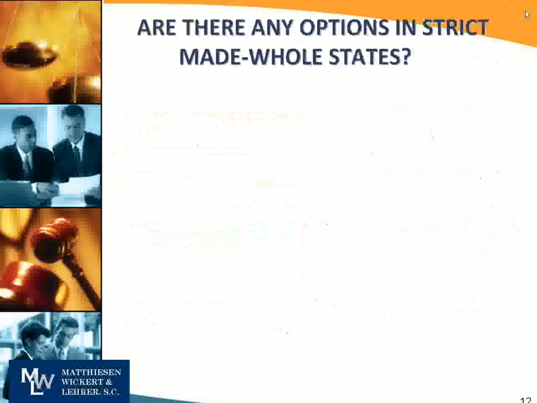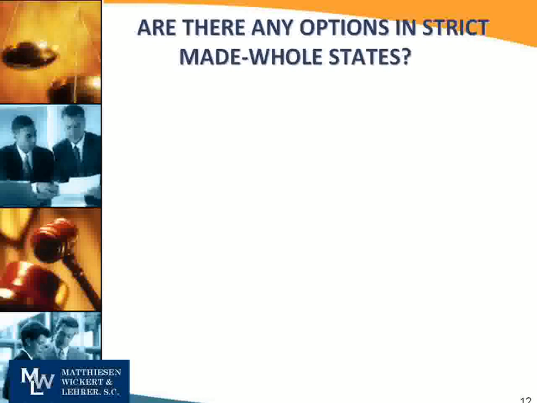So what exactly are we to do in these strict made whole states like Montana? Well, I took a really good look at Montana previously for some cases that I've been involved in, and most of the facts that we come across are simply not going to be sufficient for us to make a good argument that the insured was made whole.